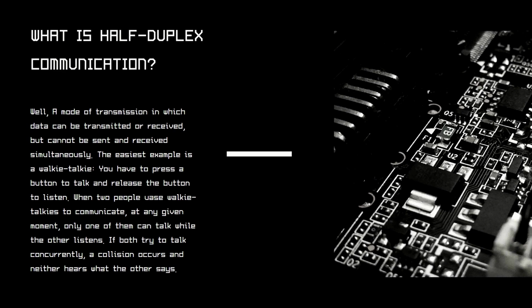When two people use walkie-talkies to communicate, at any given moment only one of them can talk while the other listens. If both try to talk concurrently, a collision occurs and neither will hear what the other says. Communication through traditional Ethernet networks is another example of half duplex communication.